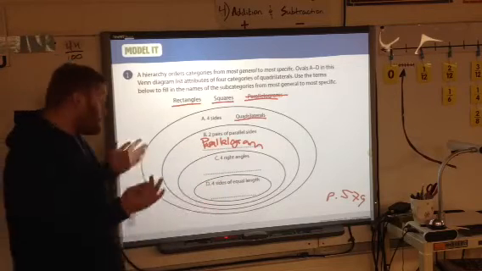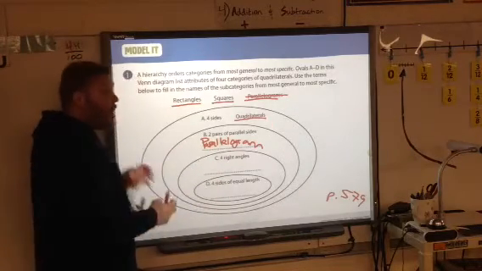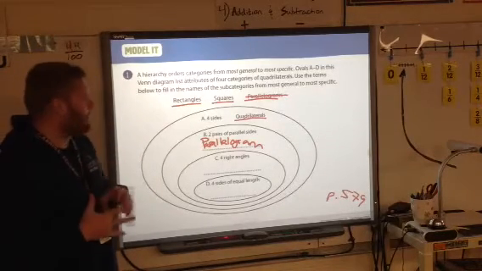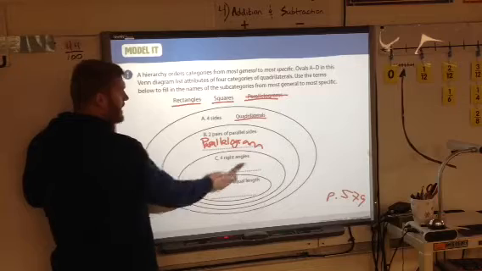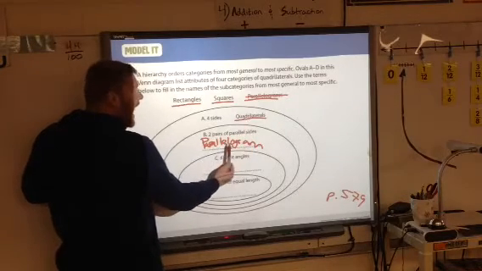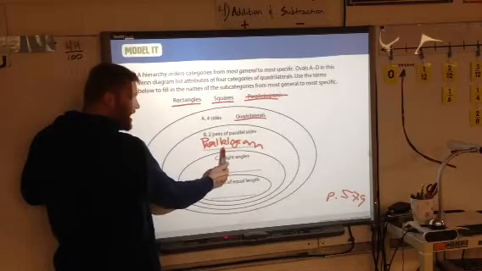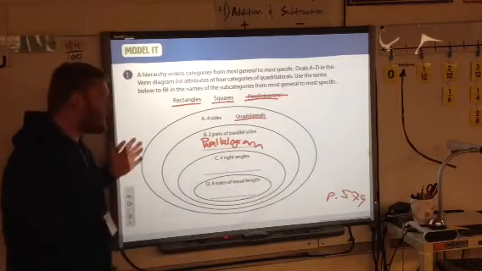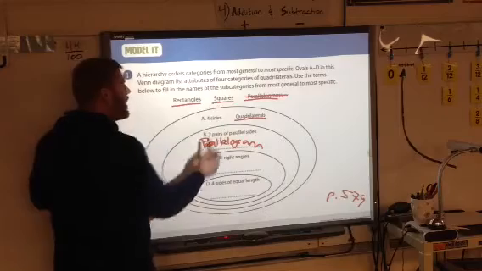Let's go to letter C, an even more specific polygon. We're looking for something that has four sides, two sets of parallel sides, as well as four right angles. What we have left is rectangles and squares.